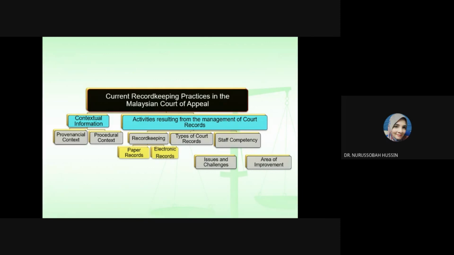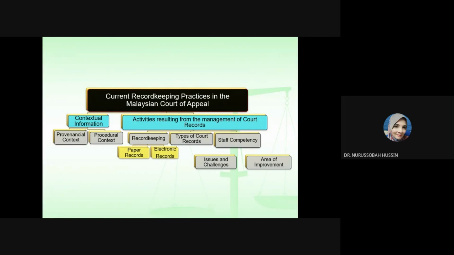And then we focus on the record keeping practice. Okay, in terms of record keeping, we have to investigate the practice for both paper-based and electronic records, because sometimes we need to do hybrid records management where the records are available in two formats, paper-based, and we also digitize and convert them into electronic records.